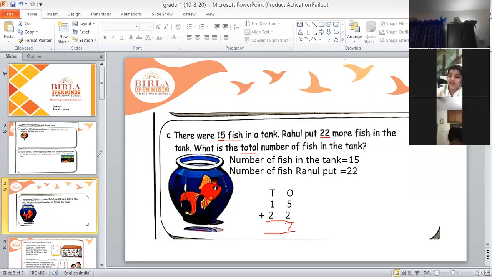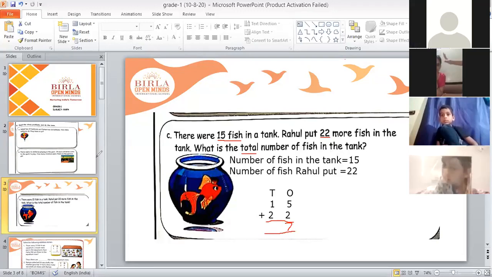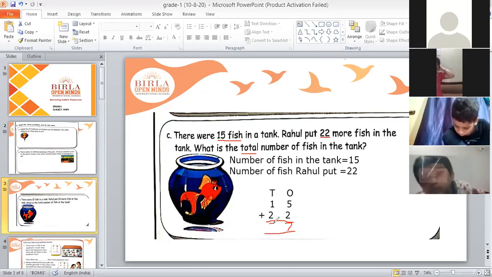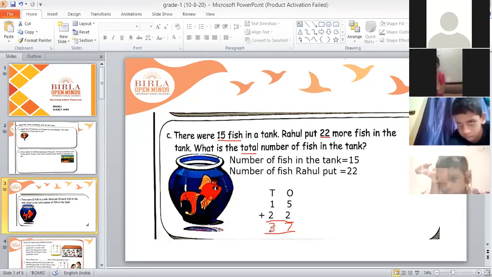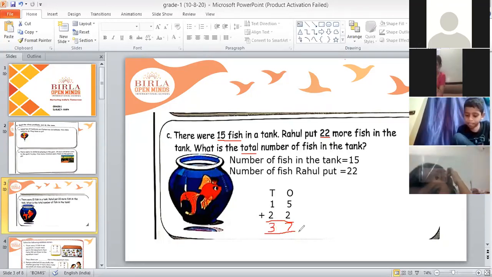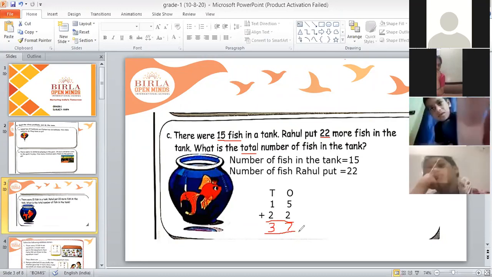Very good. So we will write 3 in tens place. So 15 plus 22 equal to 37.